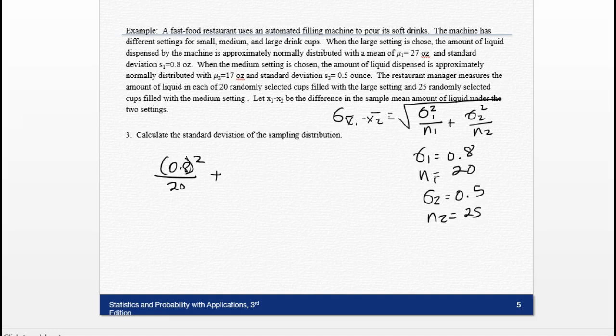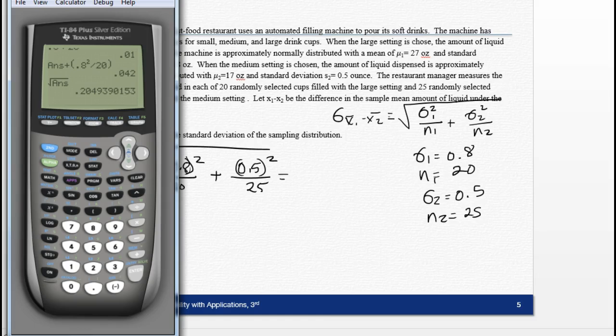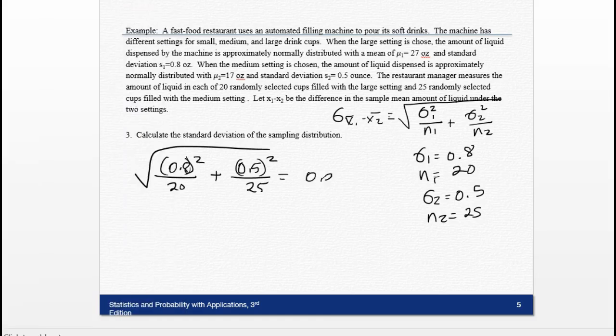And then the medium standard deviation was 0.5 ounces, squared over 25. Then we take the square root. Make sure you do everything on the inside first before you take the square root. When I did that in my calculator, I got 0.205. And that's how you find the standard deviation.